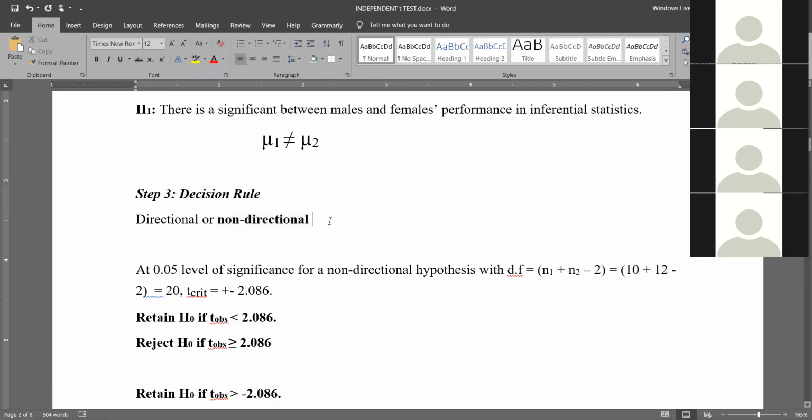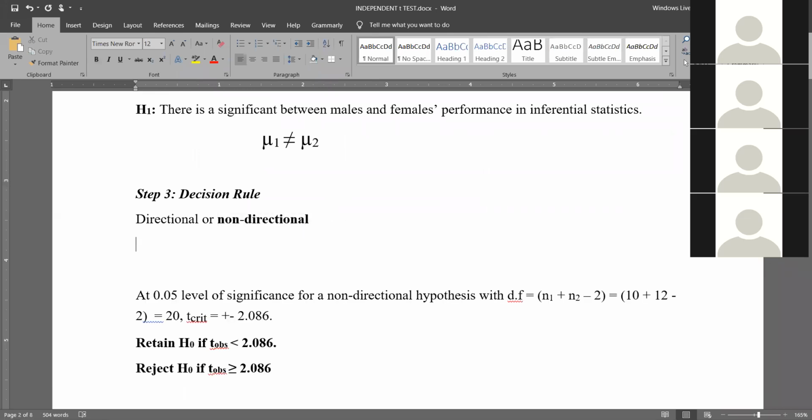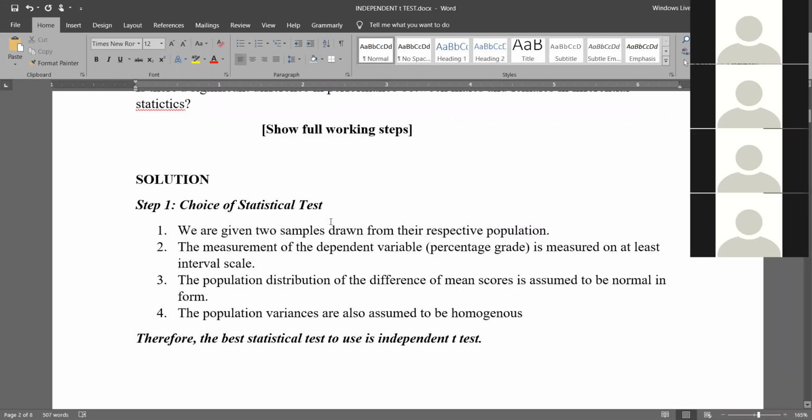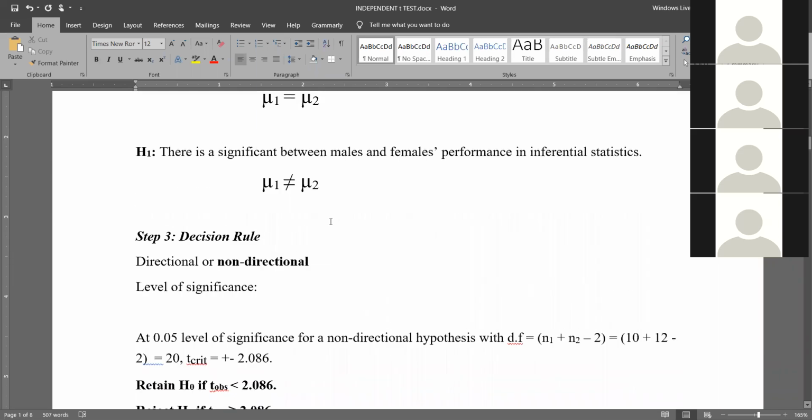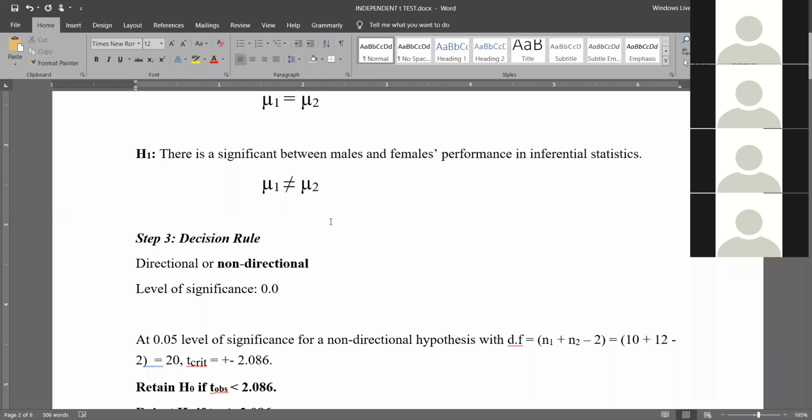Then the next thing you're supposed to know is the level of significance. And by now you should know what the level of significance is all about. So find out within the question, did they indicate the level of significance? In most situations, the level of significance should either be 0.05 or 0.01.